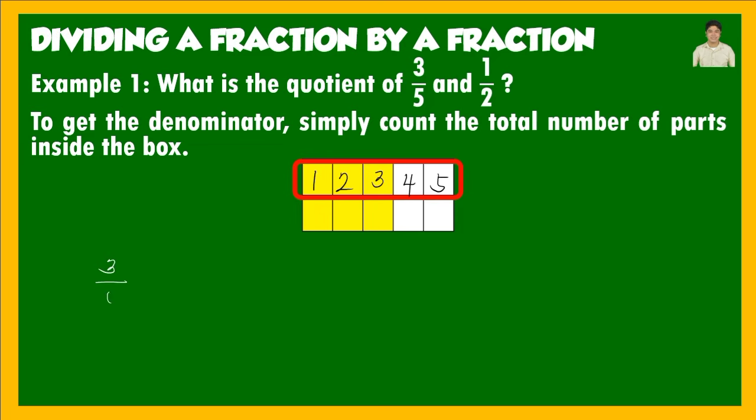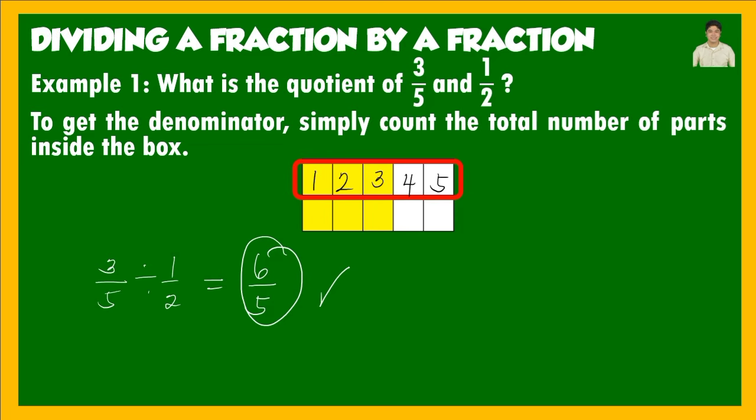So, 3/5 divided by 1/2 is equal to, kinakuha natin kanina na numerator which is 6, and then yung nakuha nating denominator ngayon na 5. Okay, so again, yung 6 nakuha po natin yung total number of shaded parts ng ating rectangle. Kitang-kita nyo naman, 6 po. So, this will be our final answer.